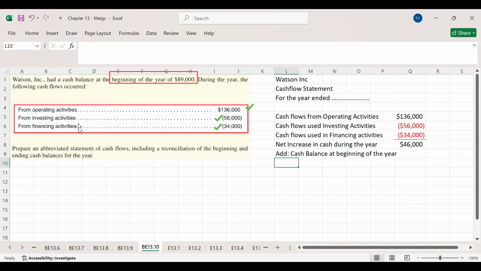The cash balance at the beginning of the year is also given, which is $89,000. So we add $89,000. When we add these two, we get the total, which is $135,000.